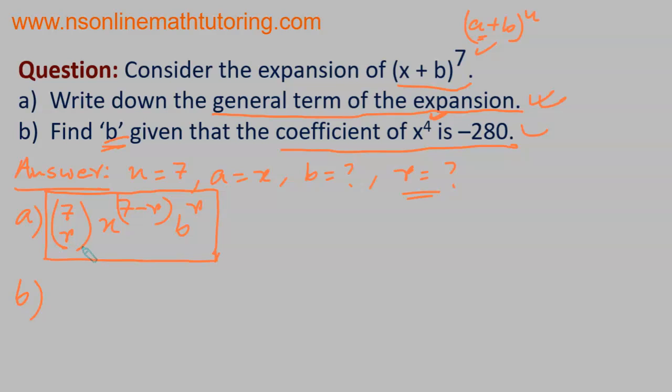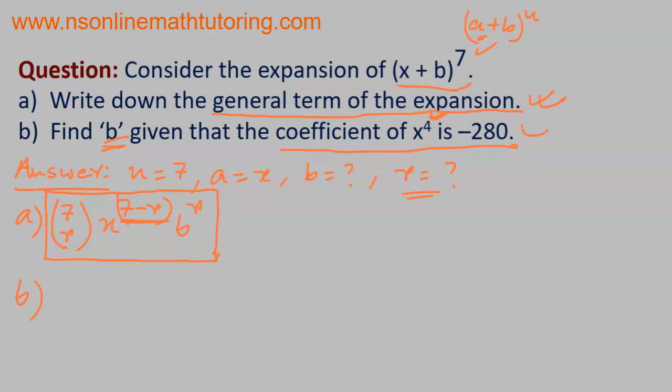And how do we find the value of r? Whenever the power of x is given, you first of all write the general term, and then you get the power expression of x. Here, 7 minus r is the power expression of x.